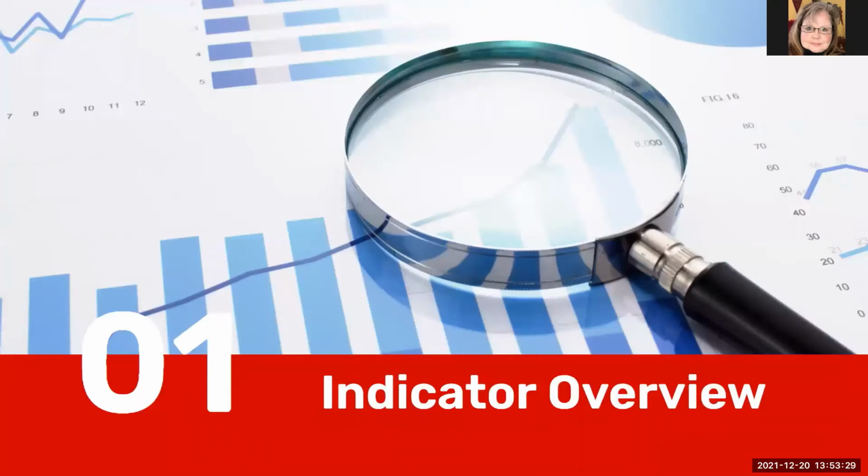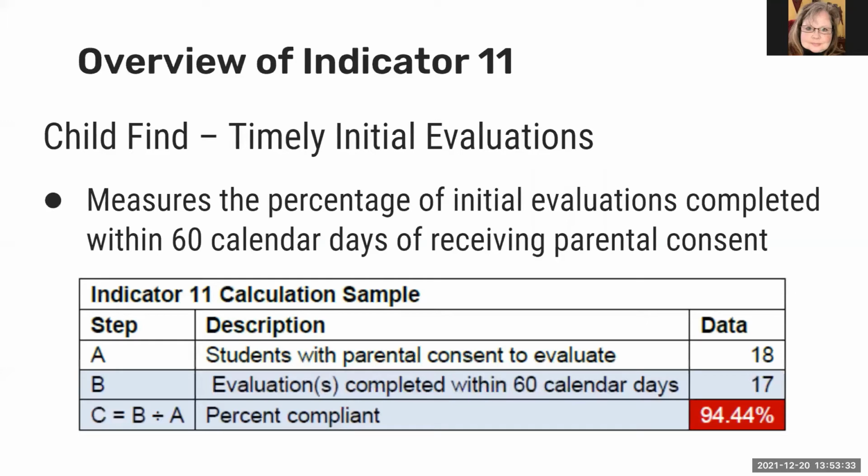So let's talk briefly about what Indicator 11 is. Very simply, it is an indicator for child find for timely initial evaluations. So what it does is it really looks at the percentage of those initial evaluations that are completed within 60 days of getting parent consent. And you can see the little calculation here.